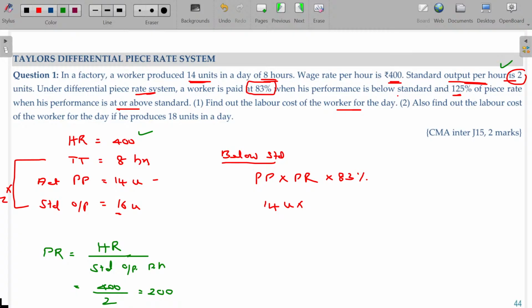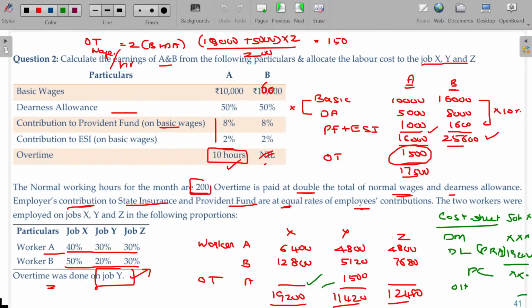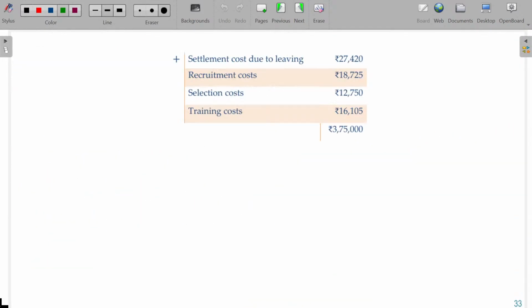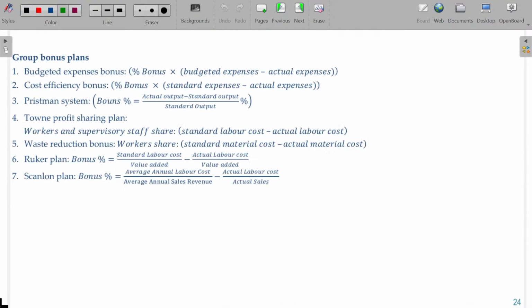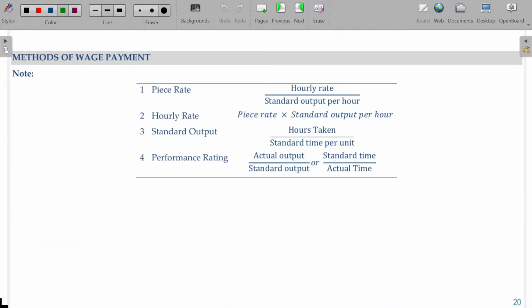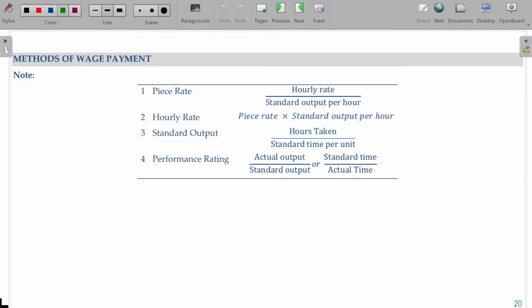Piece rate can be calculated this way: hourly rate divided by the number of standard units that can be produced, in the denominator. So I've given the list of sections, formula also for the calculation of piece rate, hourly rate divided by standard output per hour.